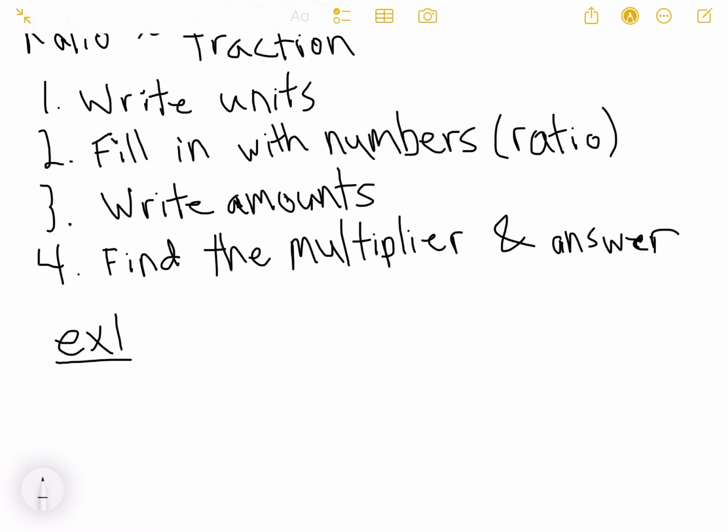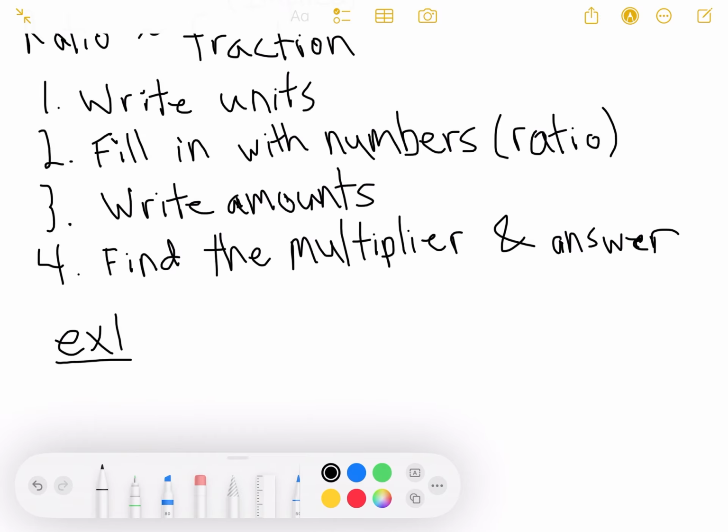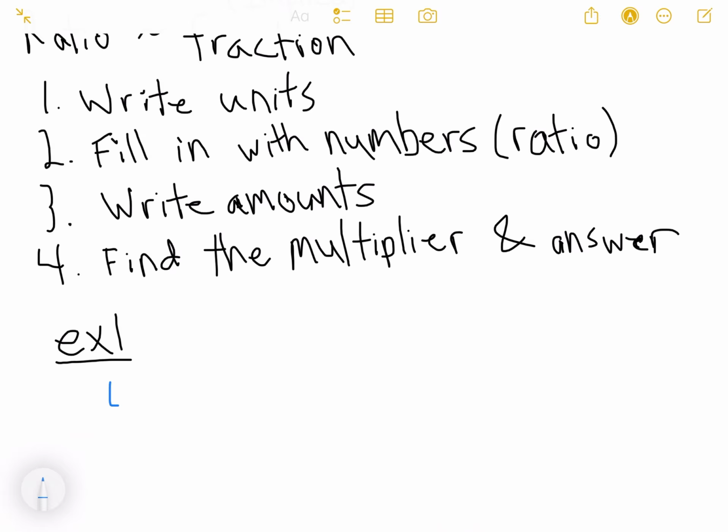But anyway, my units are going to be eggs and cookies. So I have eggs like this, and then on the bottom of my ratio, because the ratio is nothing other than a fraction, I have cookies. There's my units. That's pretty simple, right?